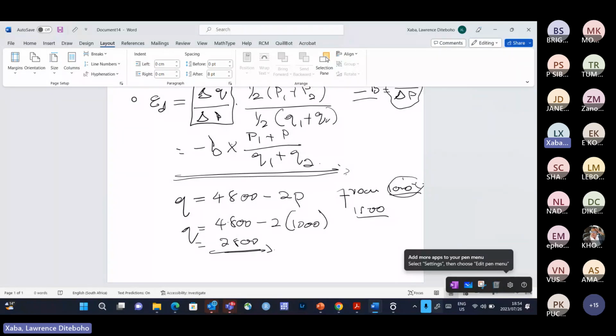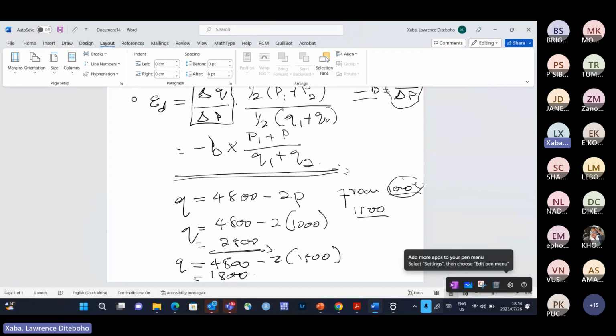Then we do the same thing with the second price. Q equals 4,800 minus 2, where we see P, we substitute it by 1,500. Then we simplify that, and our answer becomes 1,800.